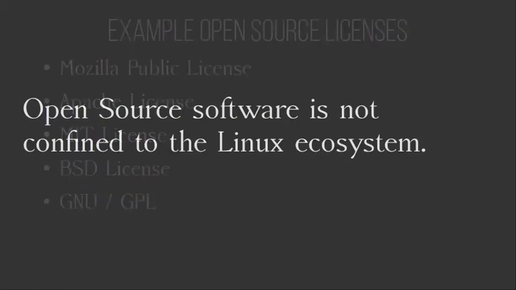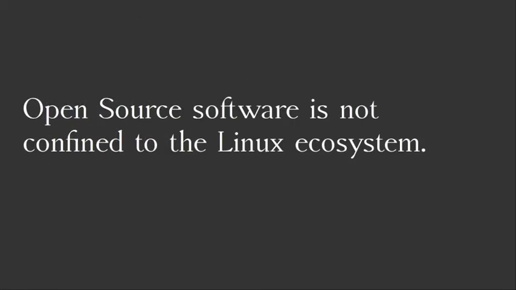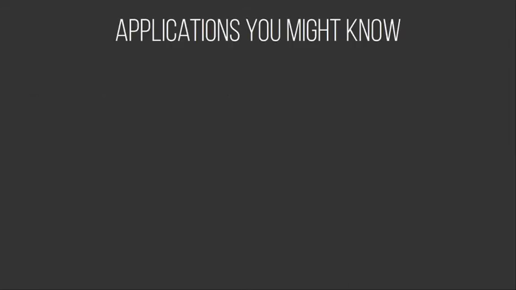But the thing that's really amazing about open source is it may have started as a Linux thing, but in recent years, we're starting to see a lot more open source applications that are available both for Mac and Windows as well. For example, here's a few applications that you might know.